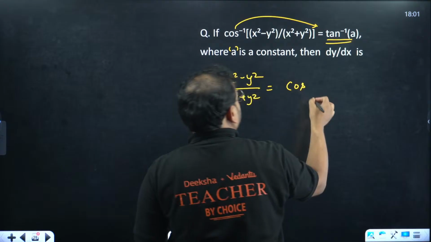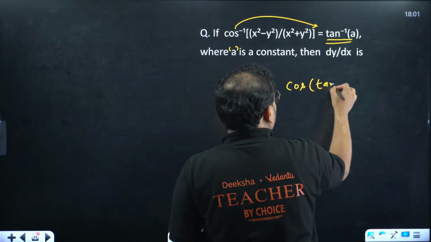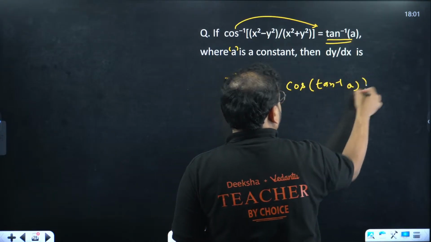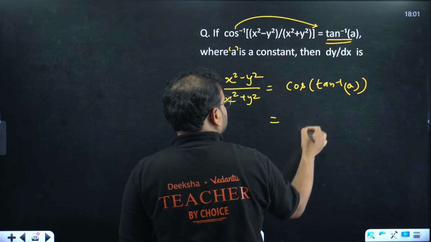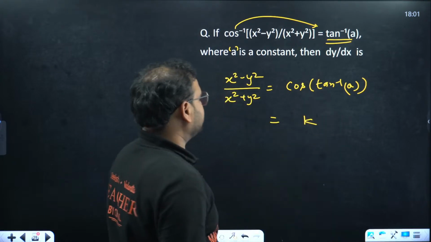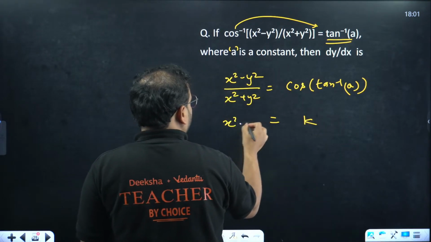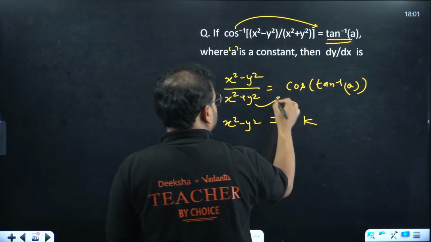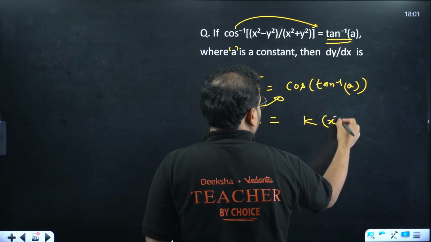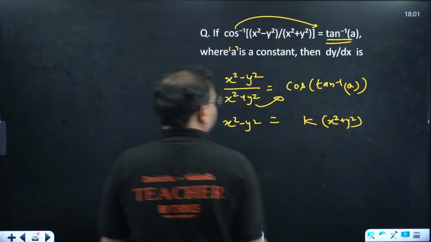So cos of tan inverse of A. This is a constant, guys. This value is a constant. And move this term over here, you're going to get k times x square plus y square.